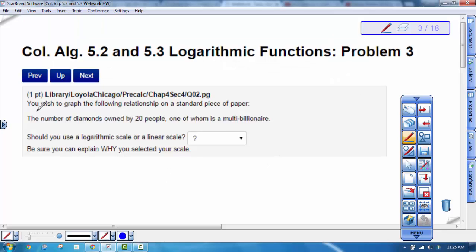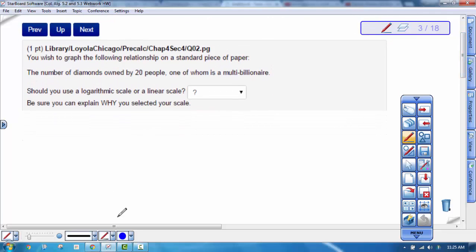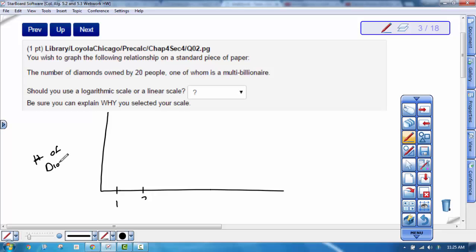Okay, the next question says you wish to graph the following relationship on a standard piece of paper: the number of diamonds owned by 20 people, one of whom is a billionaire. Well, if you were to graph this, you have people here. So you have person 1, person 2, and so on. And on this axis is the number of diamonds. Now, most of this is going to be linear.